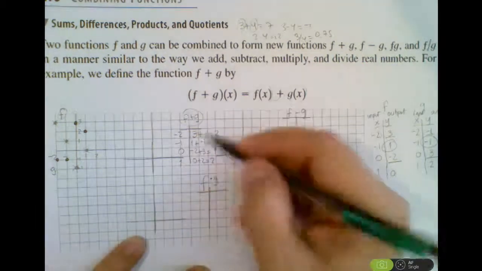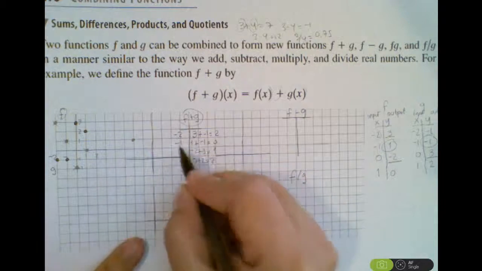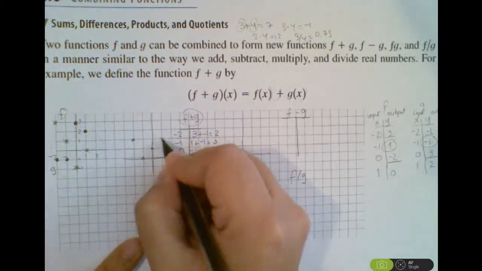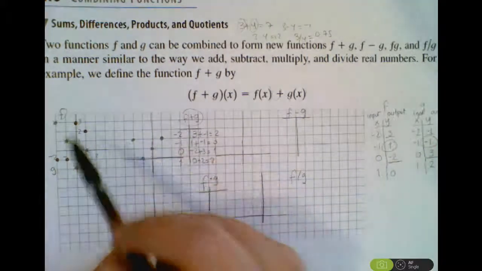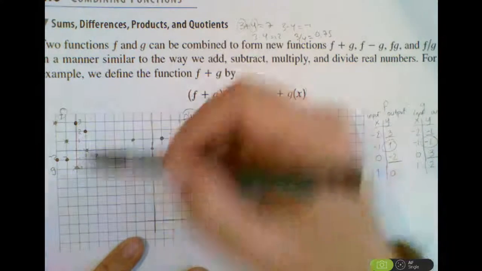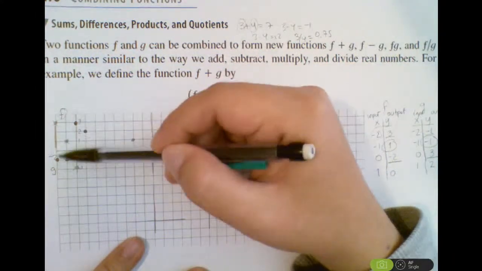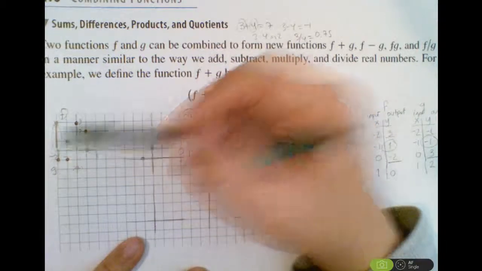So then I'm going to be able to graph this. -2, 2 will be the point to graph for this one. -1, 0; 0, 1; and 1, 2. So now we just plot the function, not f, not g, but the function f plus g. And also, as you can see here, if this is f of -2 and this is g of -2, what happens when I add 3 to -1?